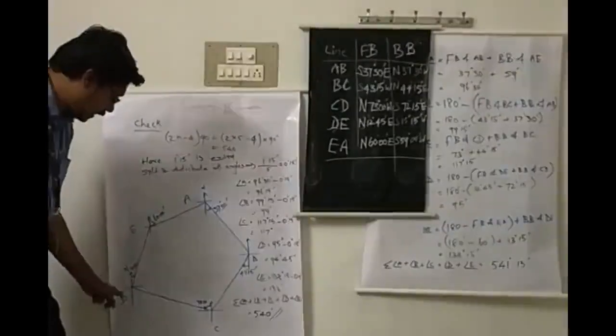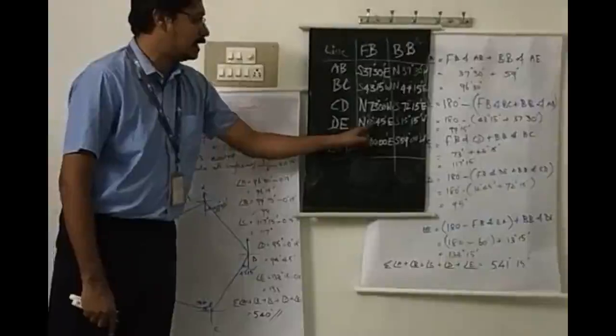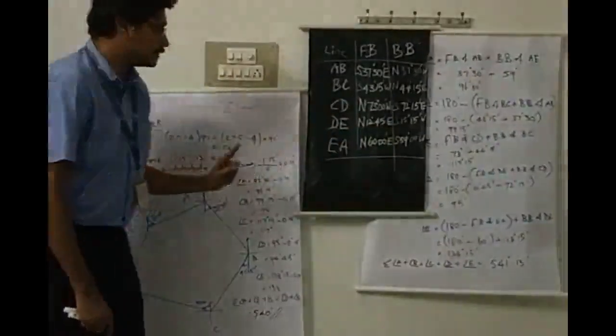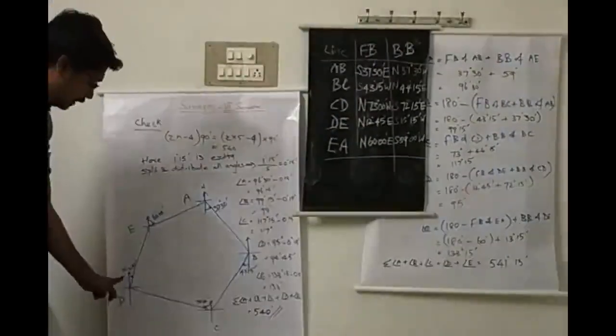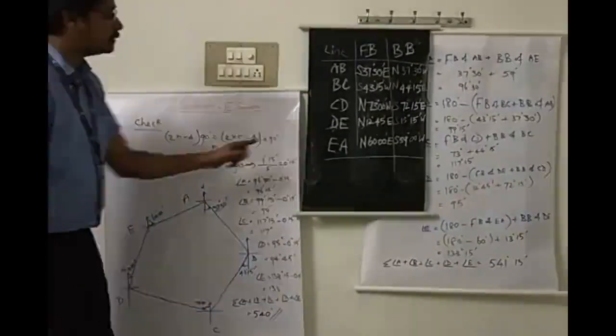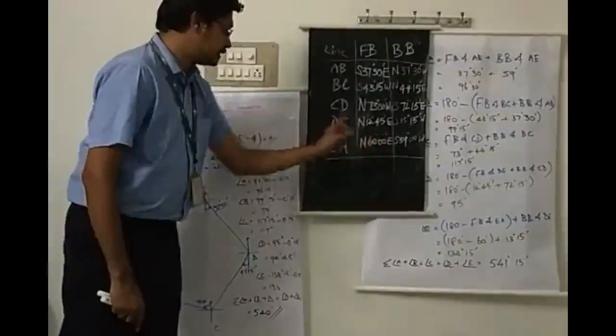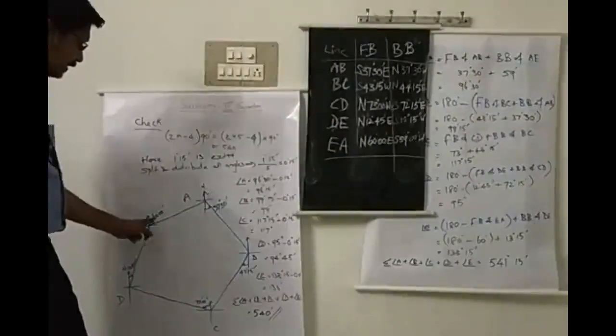Then mark the north, the next line is DE, north 12 degrees 45 minutes east, right? So 12 degrees 45 minutes towards east, drop a line. Then mark the north, it is north 60 degrees 0 minutes east, so exactly 60 degrees.